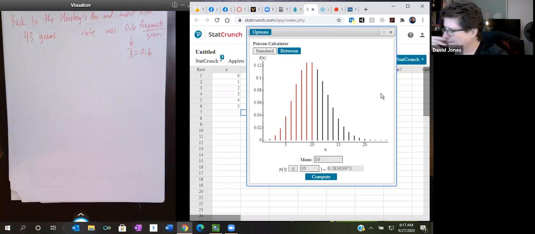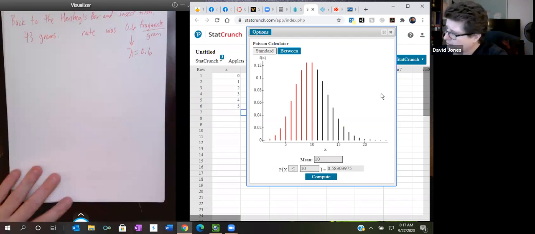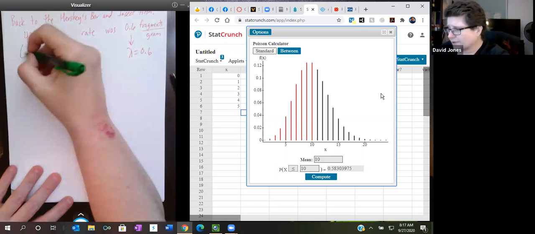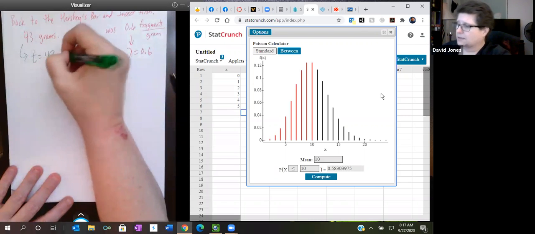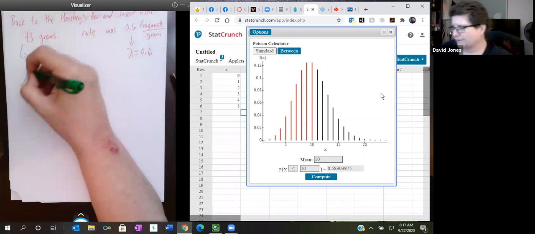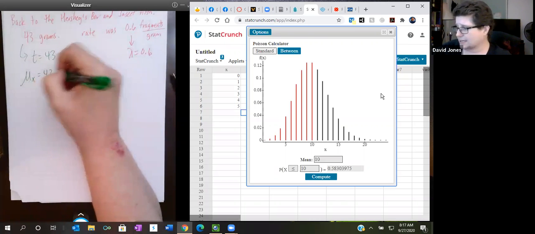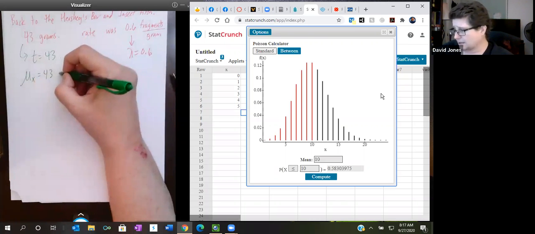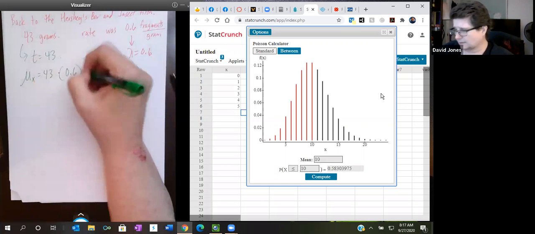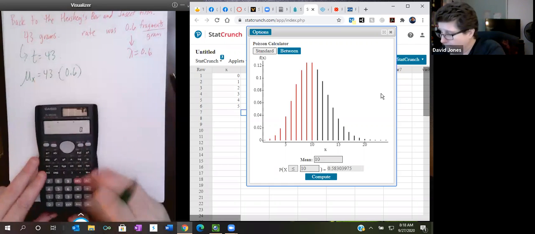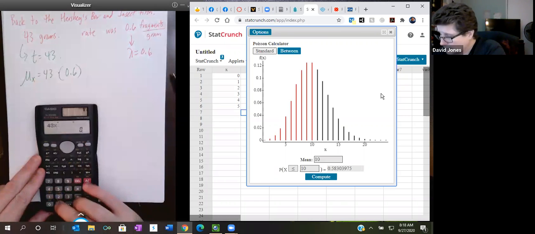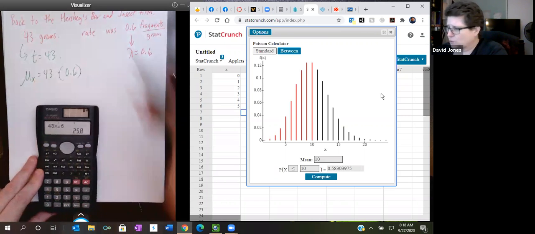T is the number in the interval, or how much we're doing. T is our number of grams. So mu of X is 43 times 0.6, which is 25.8.